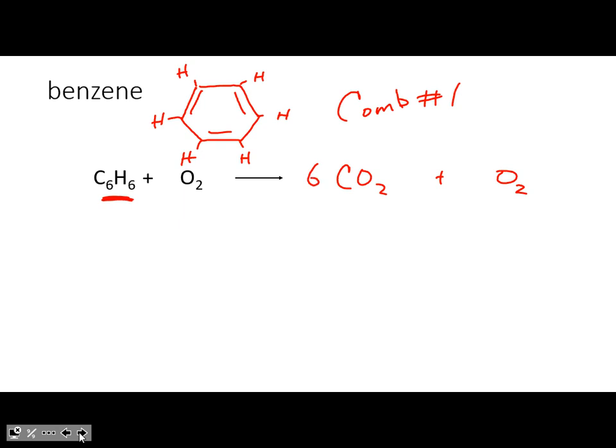So I got 6 carbons there. I got 6 carbons on my reactant side. Now, oops, we got something wrong. I don't have O2 here. H2O, my bad. So now I'm going to balance out my hydrogens.